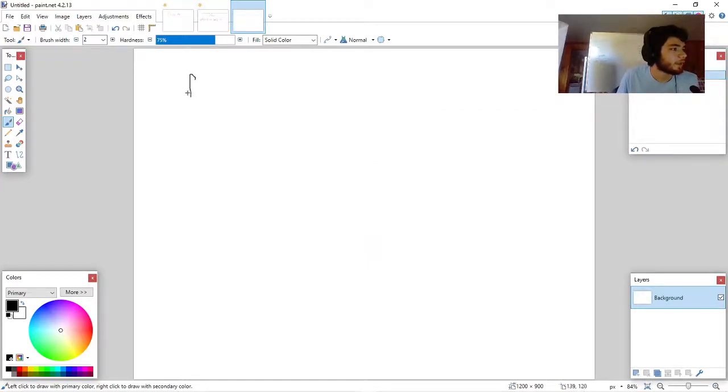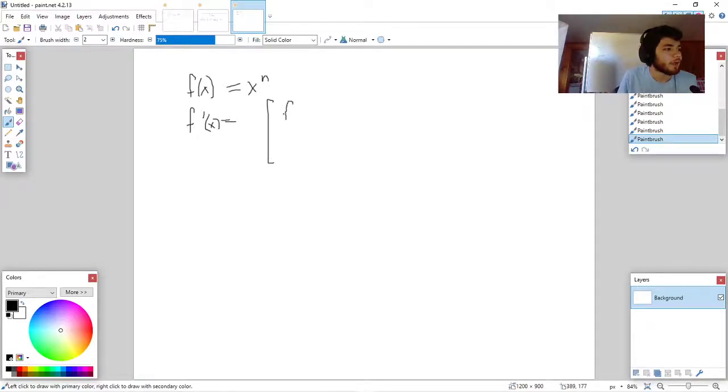So f of x equals x to the n. f prime of x is the standard part of x plus epsilon to the n minus x to the n, all over epsilon.